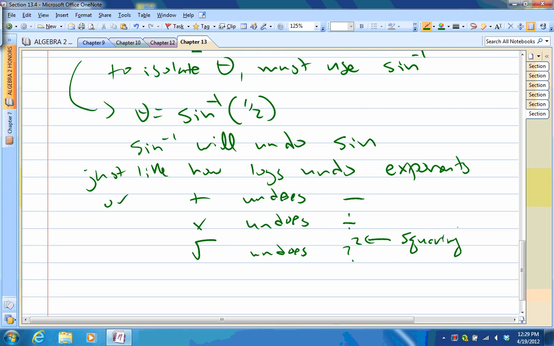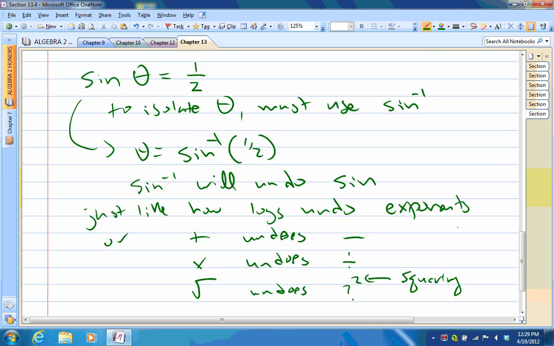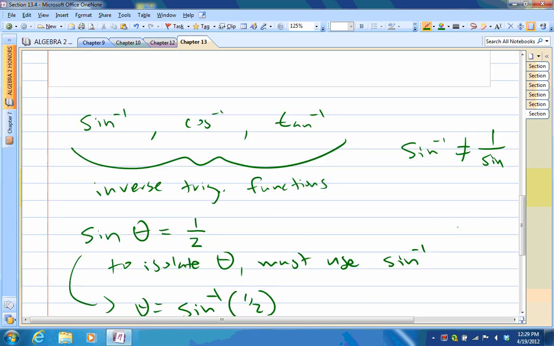So that's all inverse sine really is. It's a way to isolate the angle that you're taking the sine of. So it isolates theta. Likewise for inverse cosine and inverse tan.